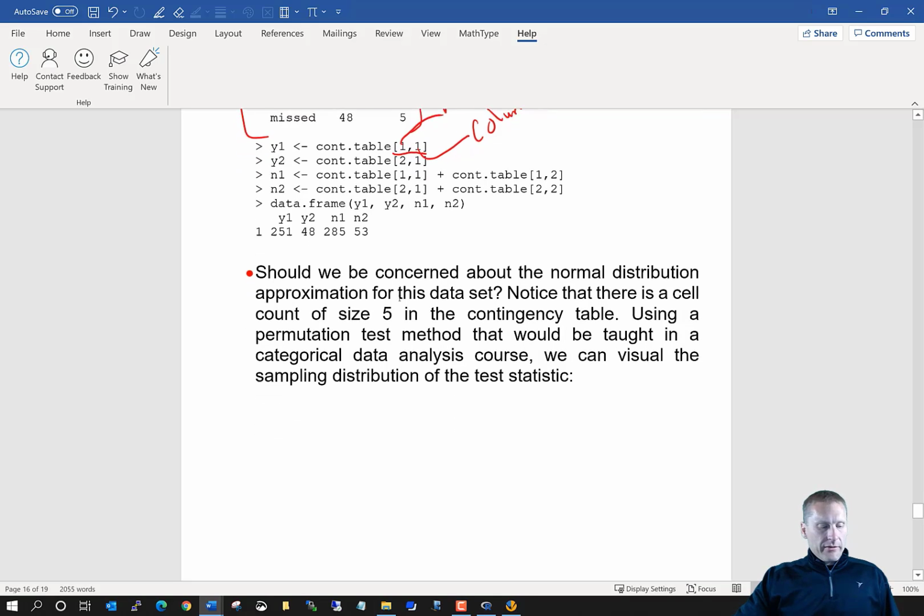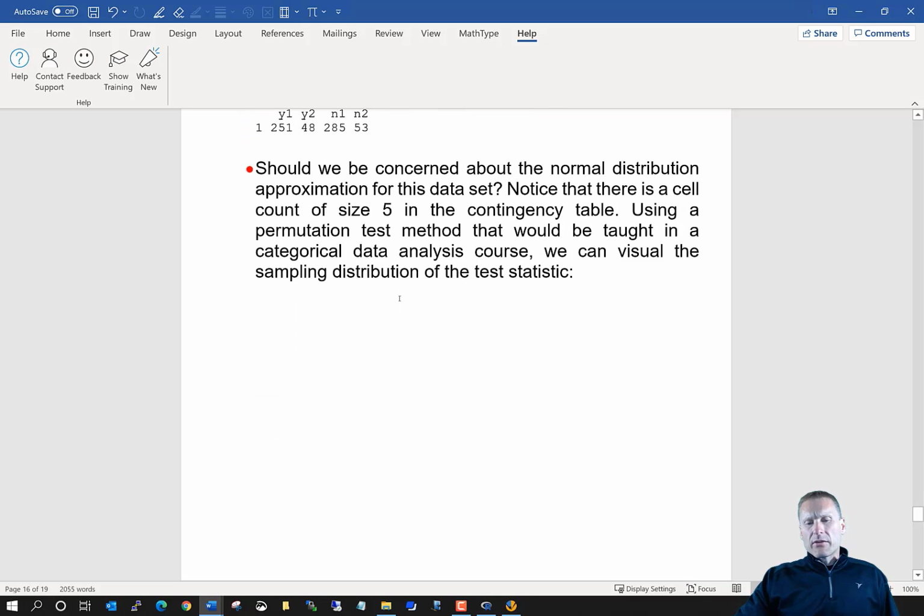Okay, now lastly, then, should we be concerned about the normal distribution approximation for this data that we're using? If you remember, I said if you have any cell counts that are maybe, let's say, less than 5, in other words, are small, this is kind of a little bit of a warning bell. That's like, uh-oh, maybe this normal distribution approximation does not work.